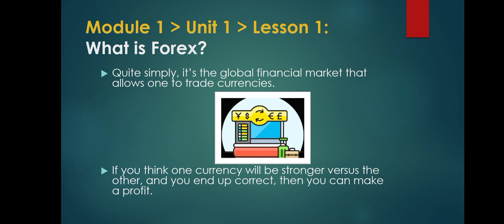Now, assuming that the exchange rate between the dollar and the naira changed. As at the time you bought it, it was $1 to 1,000 naira. Assuming that the exchange rate changed and it became, say, $1 to 500 naira, right?